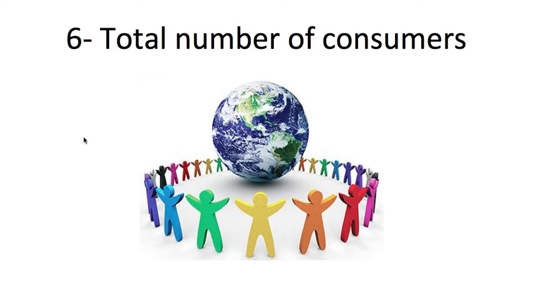The sixth and last factor is the total number of consumers. As the global population grows, or the population changes within a certain segment or country, so does the demand. If you have more people who could use or want a certain product, then you have a demand increase.